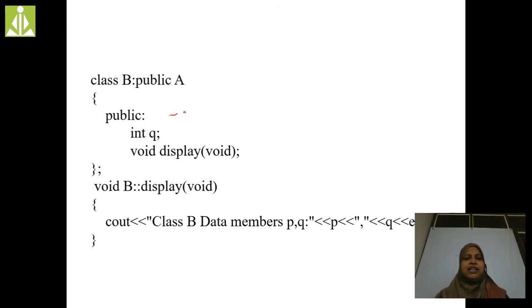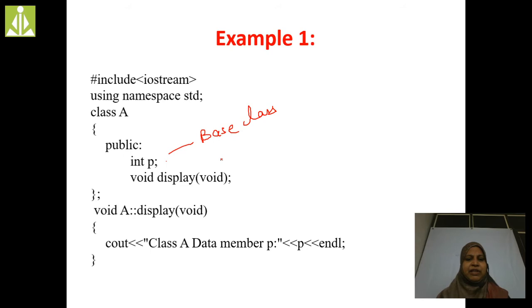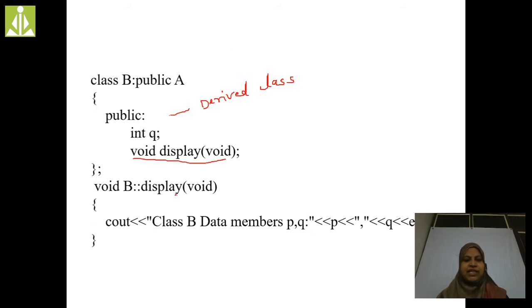In the derived class also we define the same void display method, with the same return type and function name as its base class.